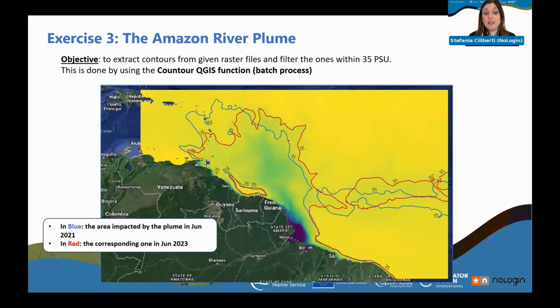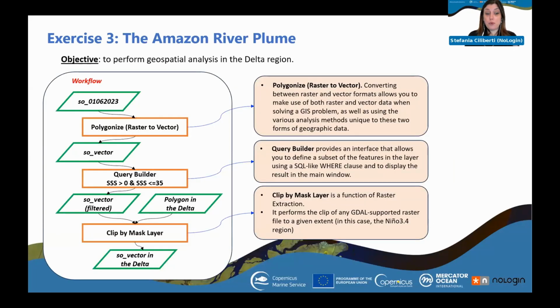In blue, you have the area impacted by the plume in June 2021, while in red, you have the one in June 2023. And you can perform some zonal statistics, for instance, for extracting some basic information about the averaged quantities in both regions.